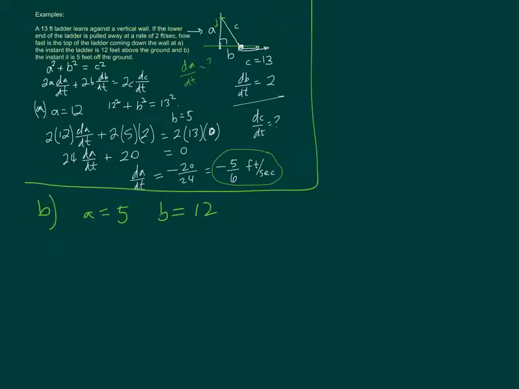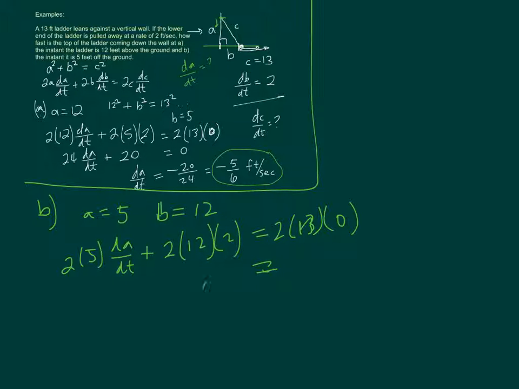And so we're going to end up with a lot of the similar values, just in different places in our formula here. 2 times A dA/dt plus 2 times 12 dB/dt is 2 equals 2 times, again, 13, and this ladder's not changing, 0.